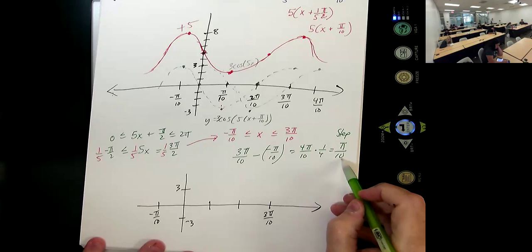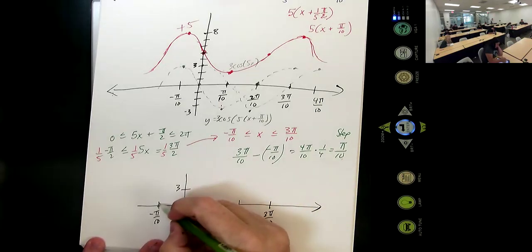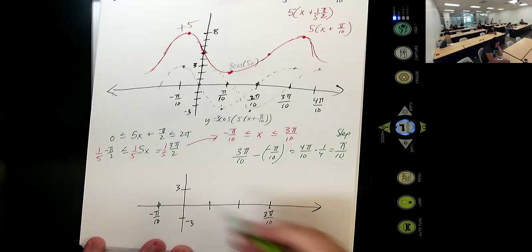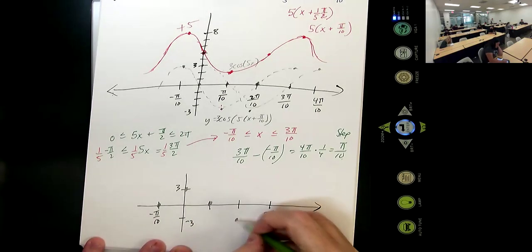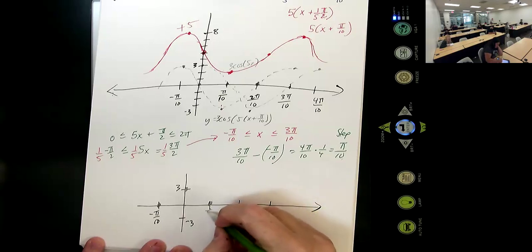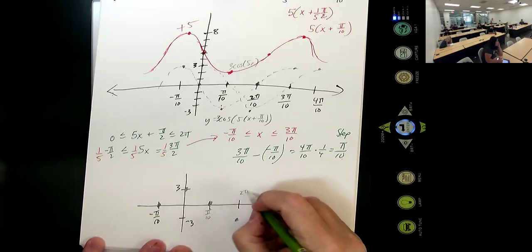By doing this, I find my steps, so from my first point, I'll go pi over 10 each time and put another point. So this would be pi over 10 here, and 2 pi over 10 there.